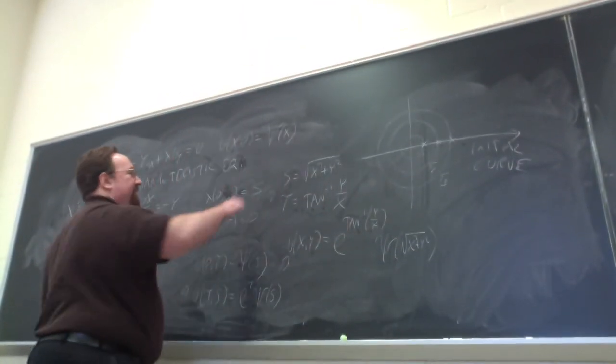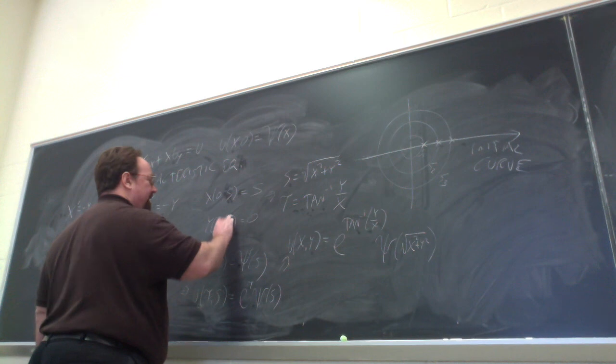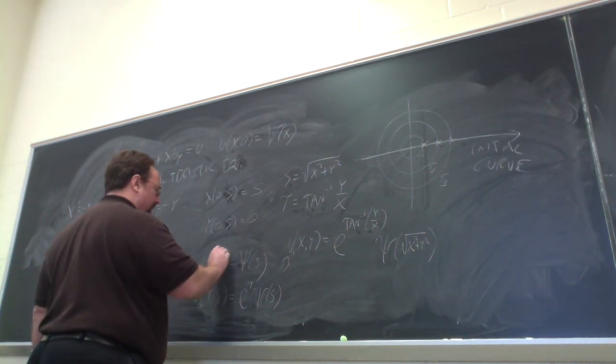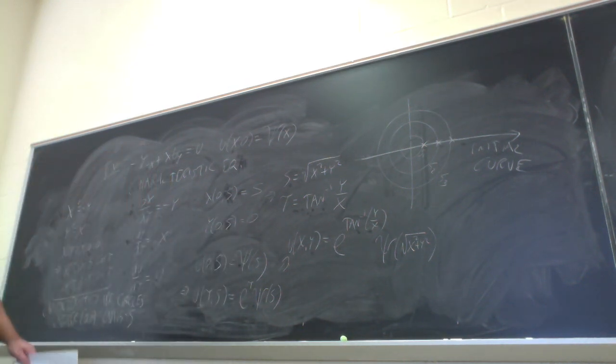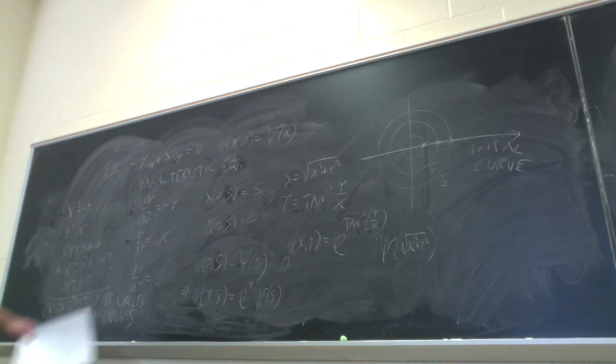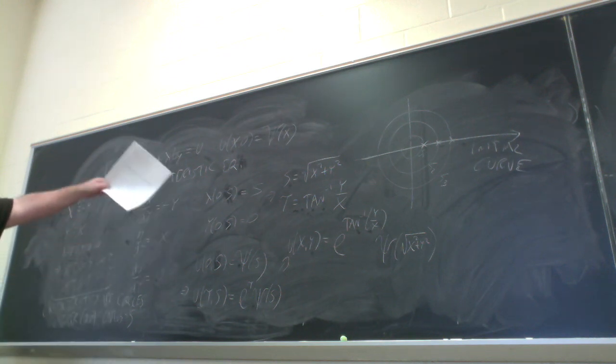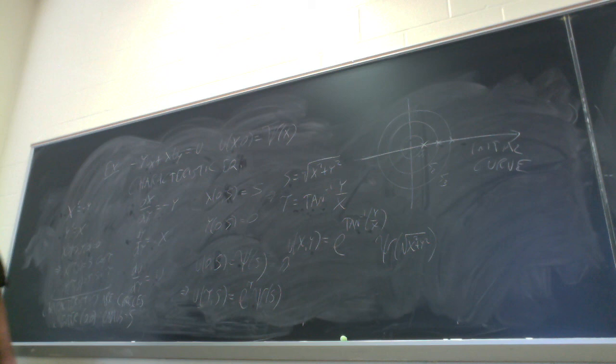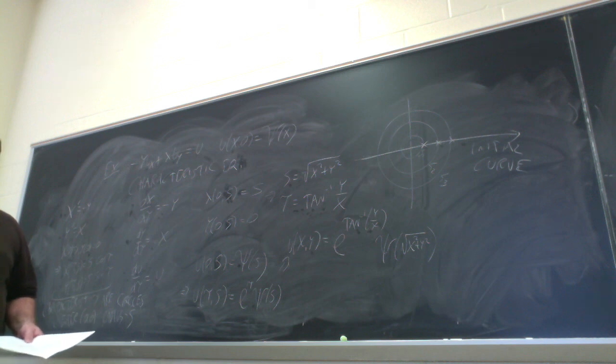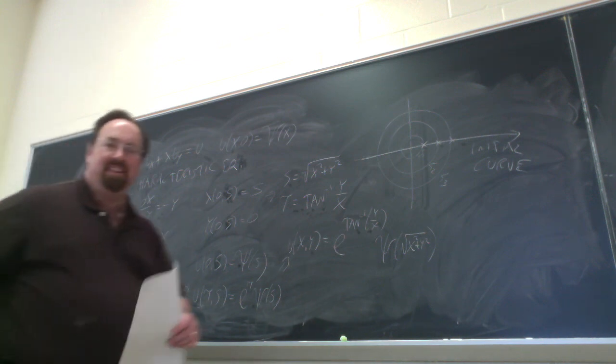I almost did it again there, and it doesn't sound right. Video watchers, in your notes for just the last example, it's 0, s, not 0, tau. Sorry about that. This is why I type my notes, except I don't always read them, obviously.